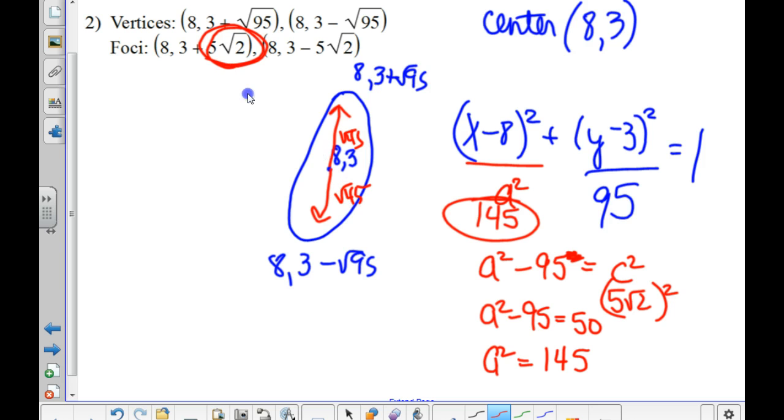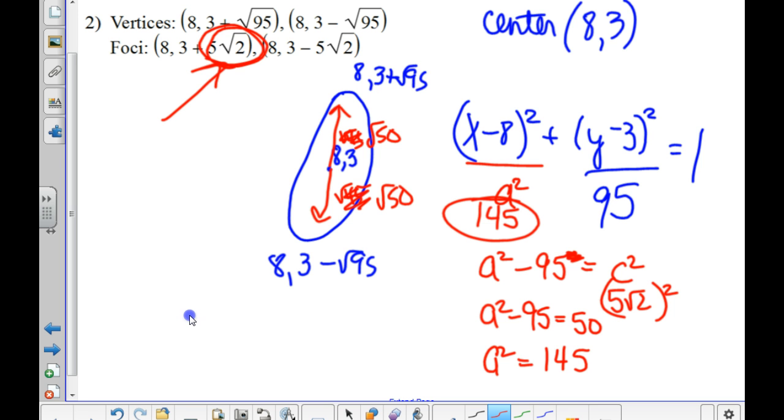No. Square root of 50. Yes, the foci right here are square root of 50. So a squared should be 145. Is that not what they have?